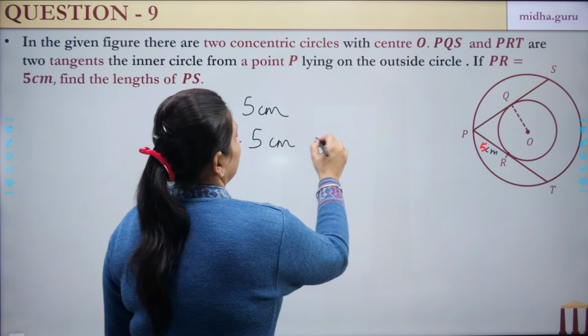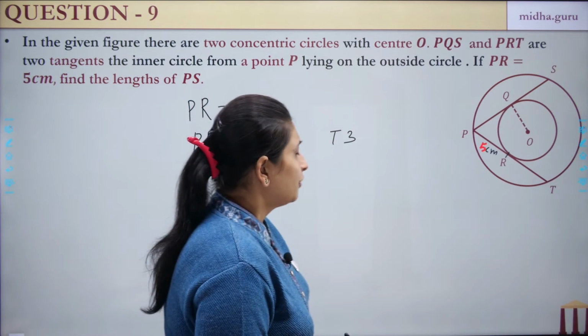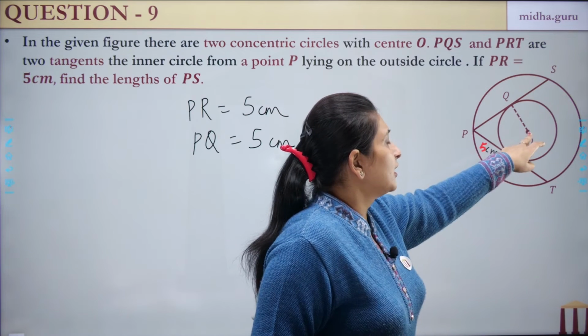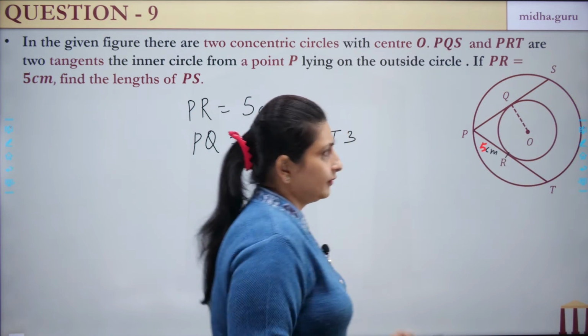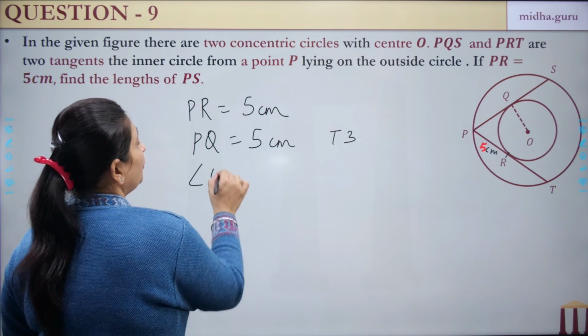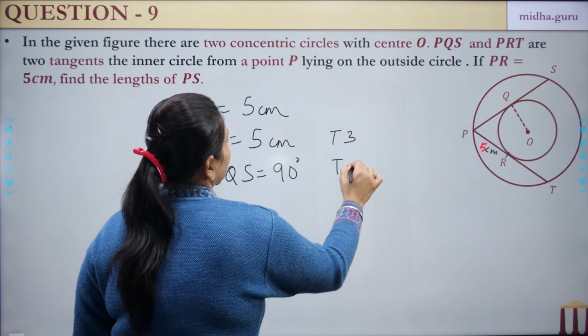This will also be 5 centimeter from theorem 3. Next, if we are joining the center to the point of contact, what will be angle OQS? Yes, it is 90 degree from theorem 1.